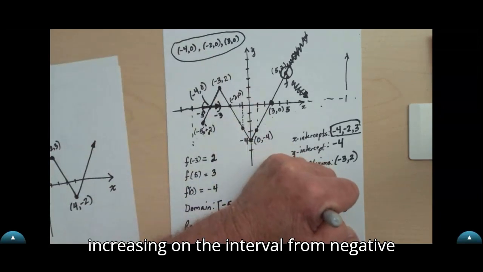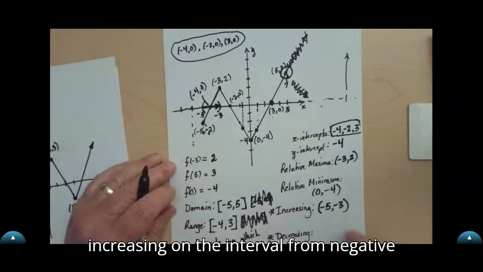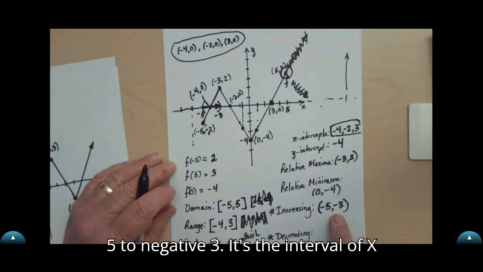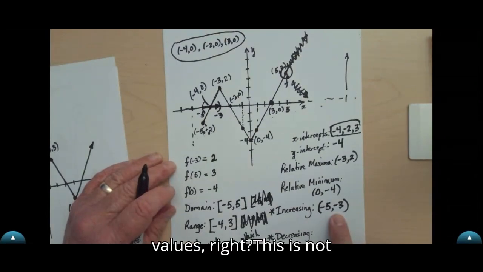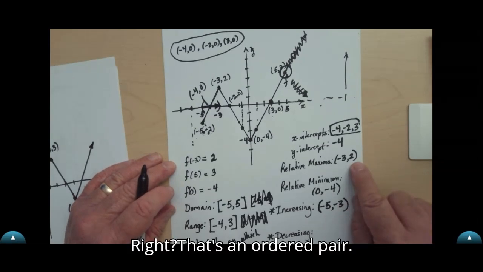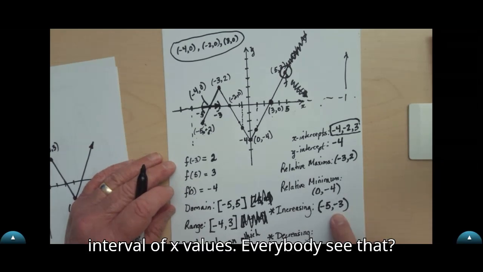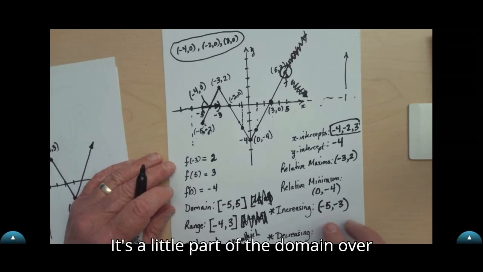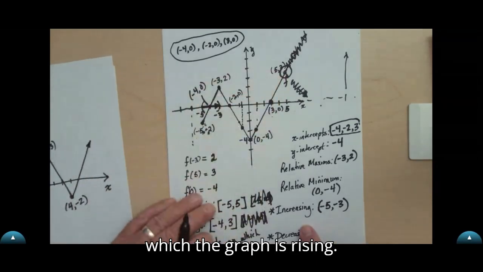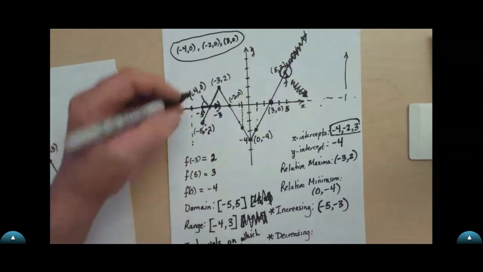So we are increasing on the interval from -5 to -3. It's the interval of x values, right? This is not an ordered pair, that's an ordered pair. This is an interval of numbers. It's an interval of x values. Everybody see that? It's a little part of the domain over which the graph is rising.